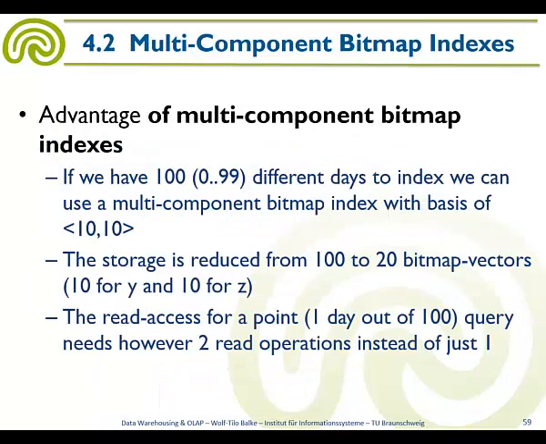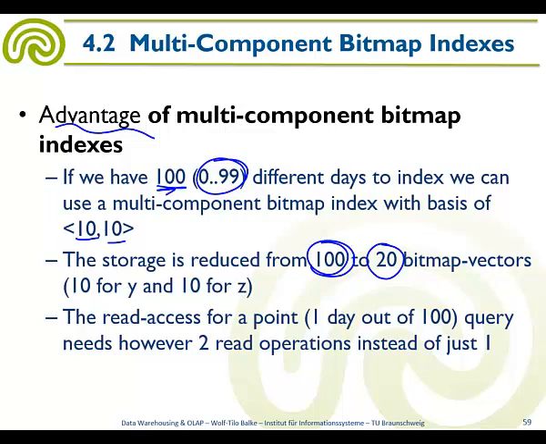Good. An example to see how advantageous it is to use such a multi-component bitmap: assume you have 100 days to index, so the index would be from 0 to 99. What you can do is divide them into two components, and each component would be of size 10. So you reduce the storage by up to 80%.